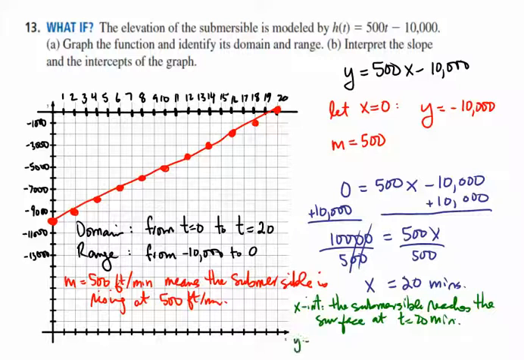The y-intercept means that the submersible starts at 10,000 feet below the water surface.